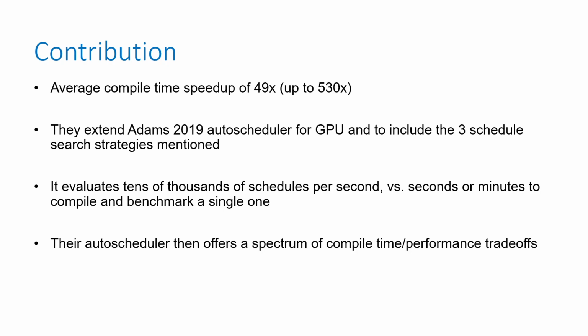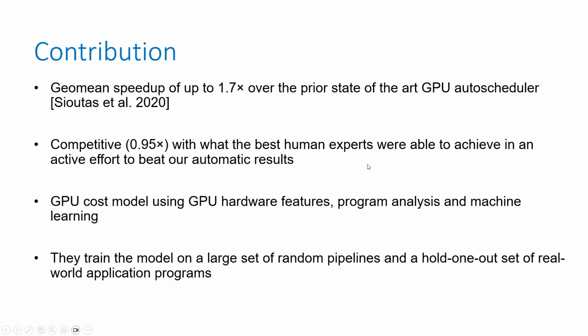That is faster, but it's the less performing one. Then you have the other extreme, in which you basically continually improve the cost model through training and getting profiling data. That takes longer to compile, but is the most performing. And then you have something like top 5 that is in between these two extremes. I'm going to talk more about that later.